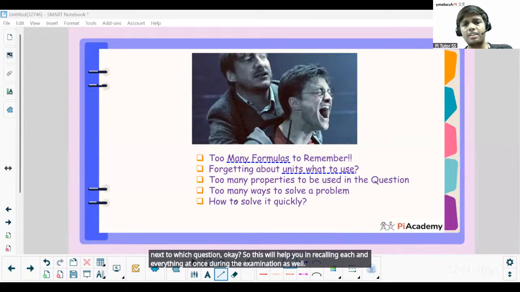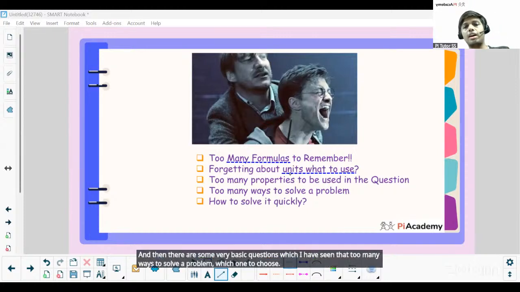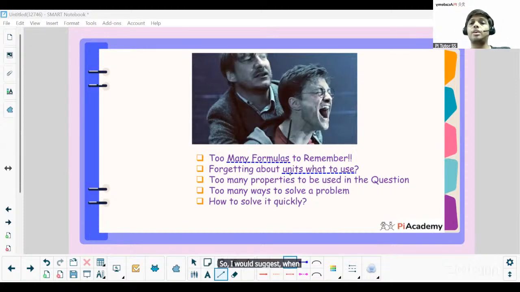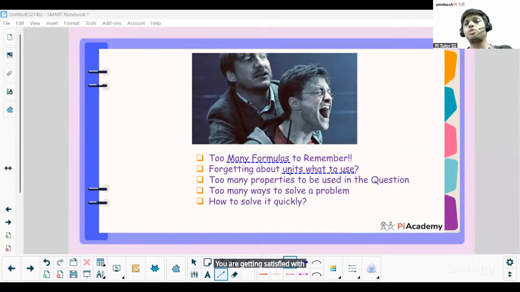And then there are some very basic questions which I have seen, that too many ways to solve a problem, which one to choose. So I would suggest, whenever you are going to solve any question, and you have understood the concept of that question, make sure that you are using the same concept in solving at least 5 to 10 questions, unless you are getting satisfied with the way of solving the problem.